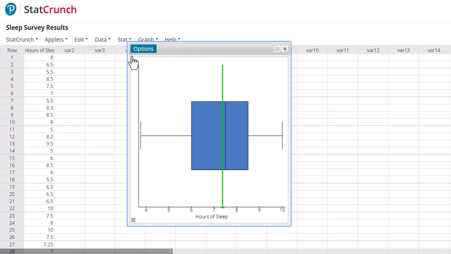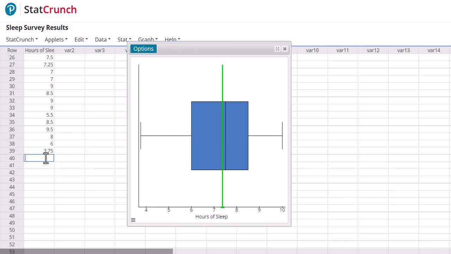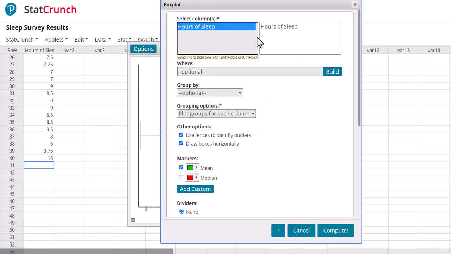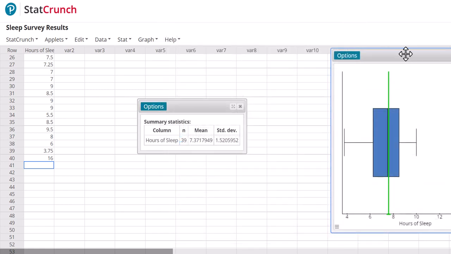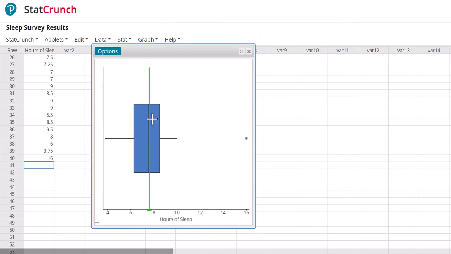So for example, if I add in, say, what would be a good outlier, say 16. Hopefully nobody's sleeping 16 hours. But just to see, let's go to edit and let's keep it and compute again. So now notice that it gives me an outlier. That 16 is very far away from the mean, more than 2 or 3 standard deviations away.